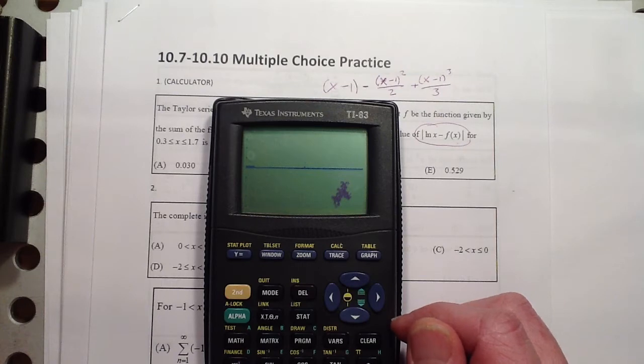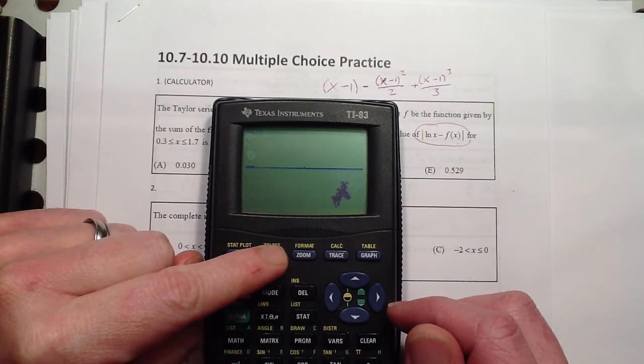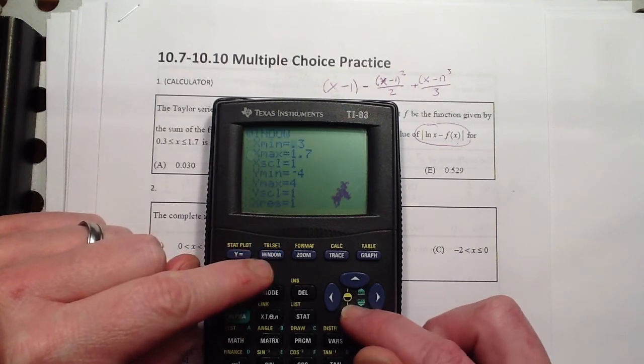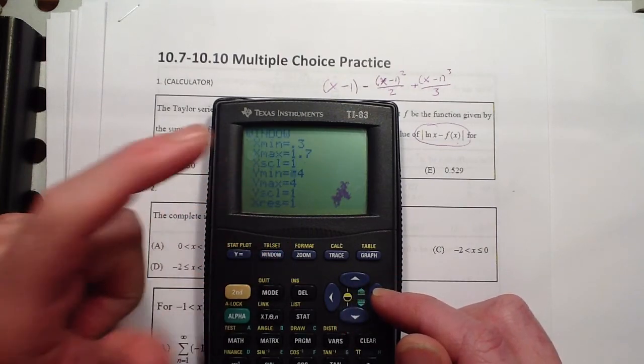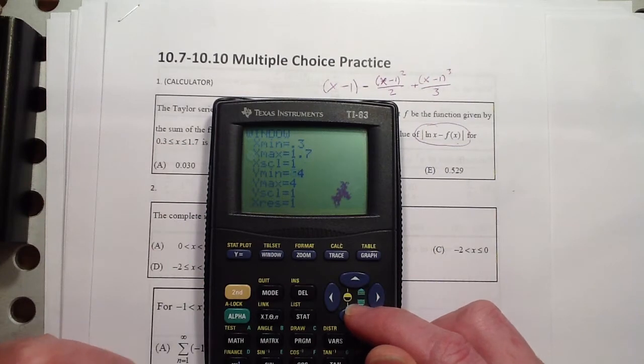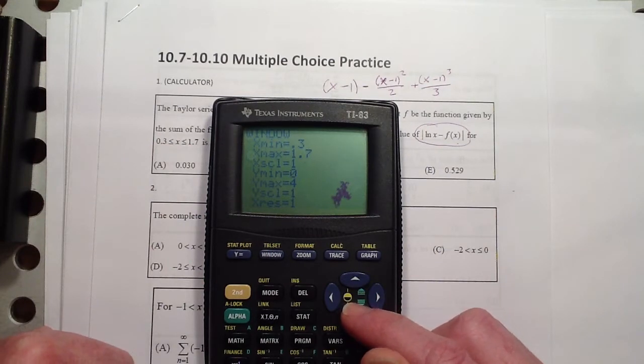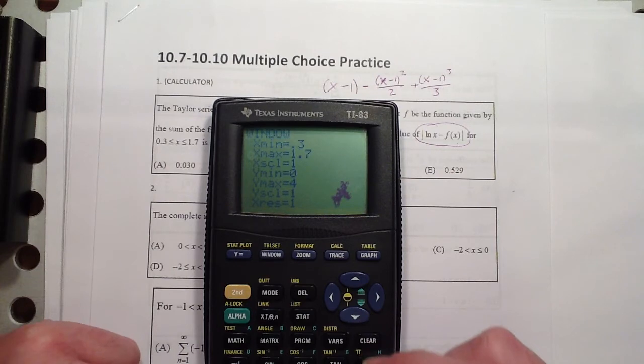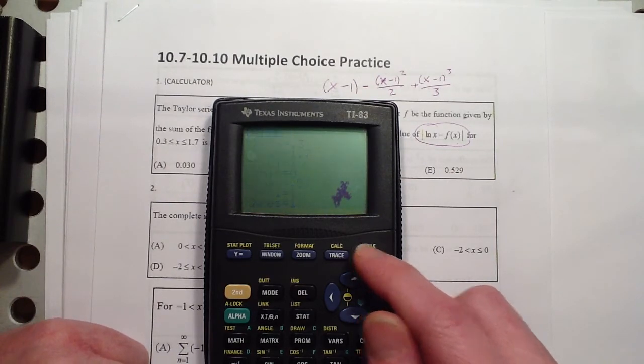And it looks like it's done. Okay, so I'm going to go back and change the window because these y values were clearly way too much. Now it's an absolute value, so I should set the minimum to 0, it can't go below 0. And it looked like it was pretty small, so let's try half. See how that looks.